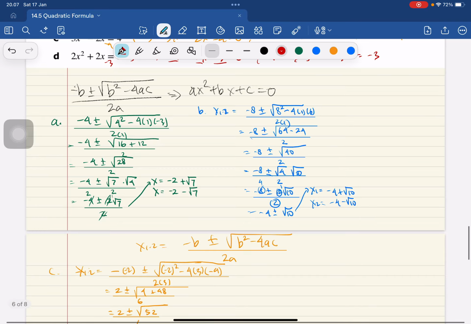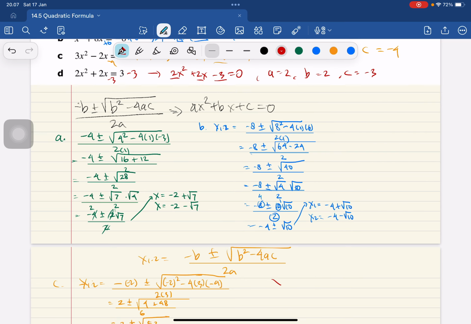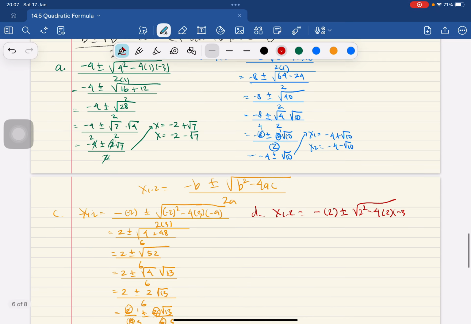Just substitute into the formula. So for D, x1 and x2 equal to minus 2 plus minus square root of 2 squared minus 4, A is 2, C is minus 3, then we divide by 2 times A, 2 times 2.